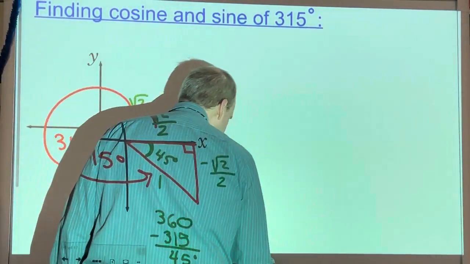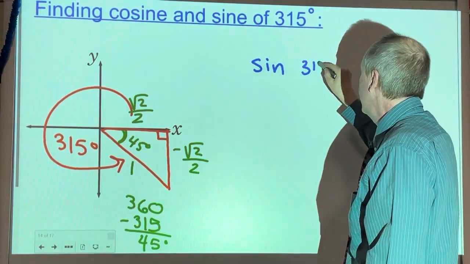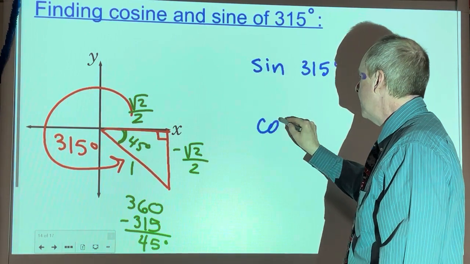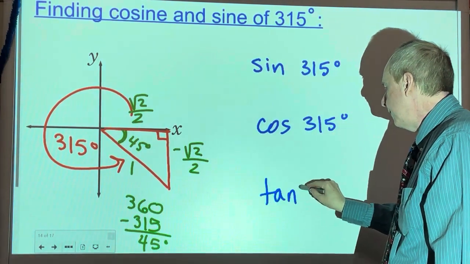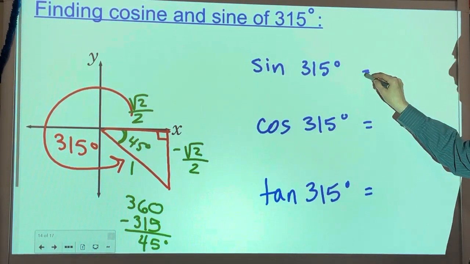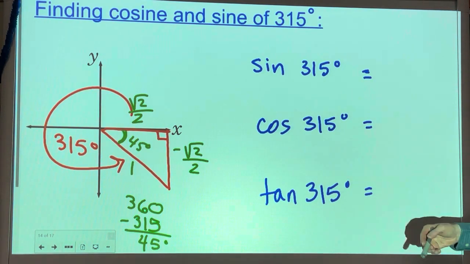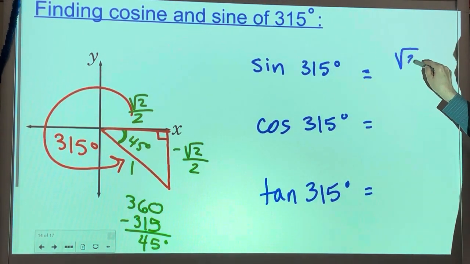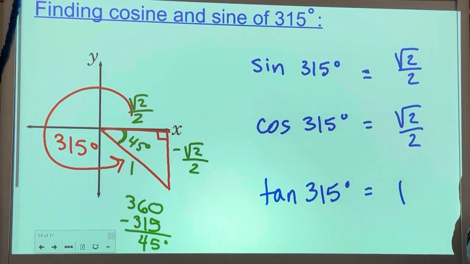So if we were to think of our sine of 315, cosine of 315, and our tangent of 315, we should be getting the same answers as 45 degrees, but one of them might be negative, two of them might be negative, right? It depends on what quadrant we're in, but the answer should still be radical 2 over 2, radical 2 over 2, and 1.